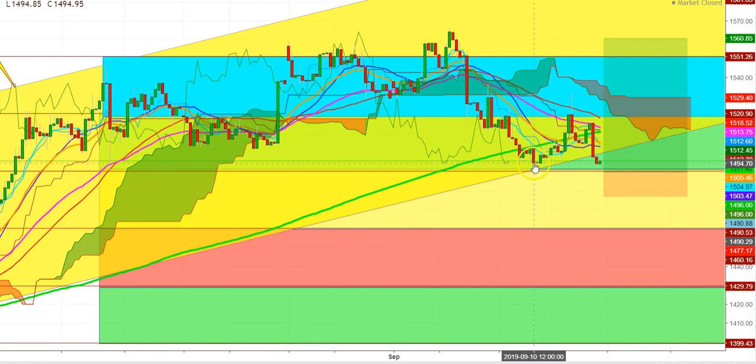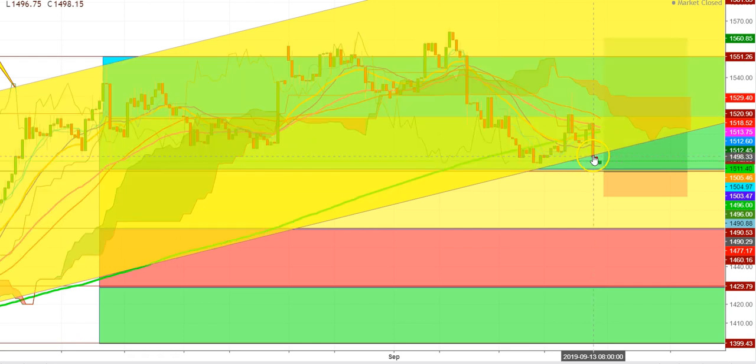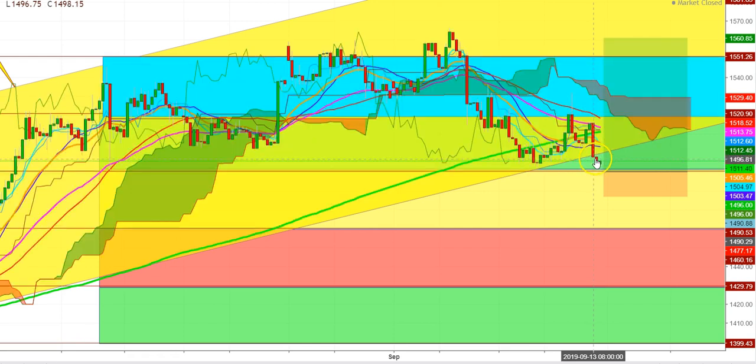After touching the lower end of this uptrend zone on September 11, 2019, we saw a good bounce in gold futures once again up to the levels of $1530, and since then, on September 13, gold futures have come below the lower end of this uptrend zone.